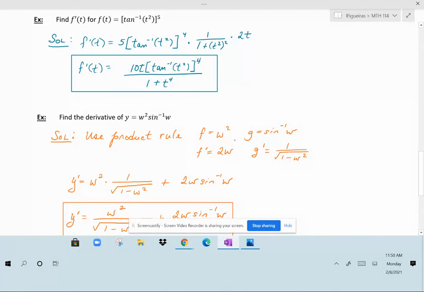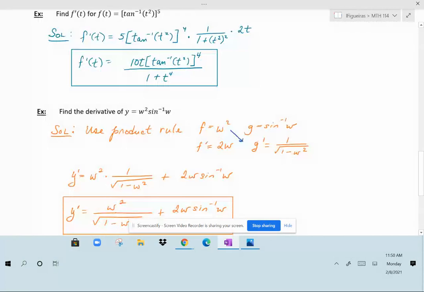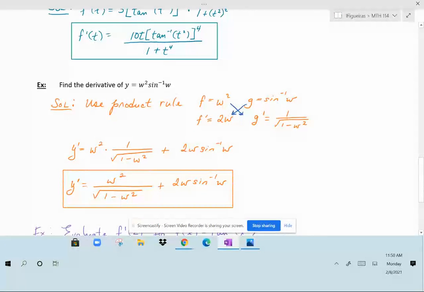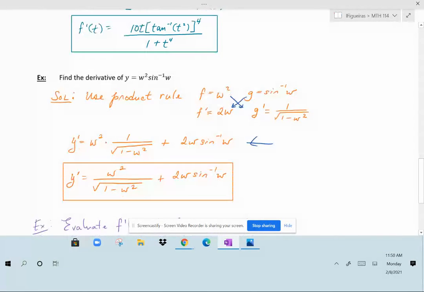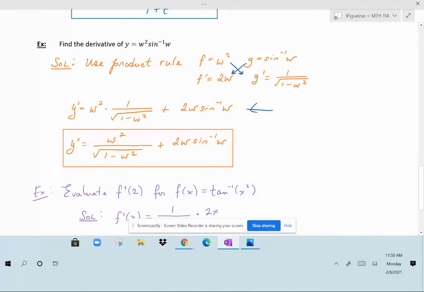So I did f g prime plus g f prime, so that's this line right here. And when we put it together, all I did was multiply these two. You end up with the derivative of w squared over the square root of 1 minus w squared plus 2w sine inverse of w.